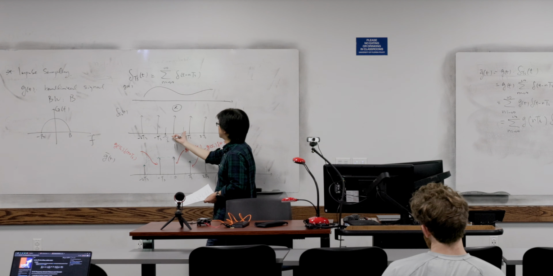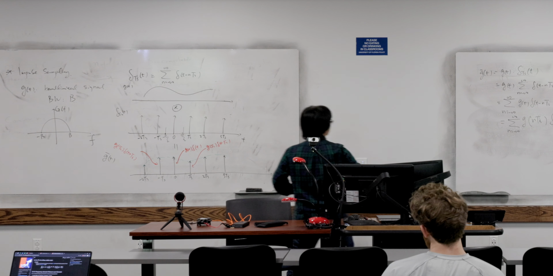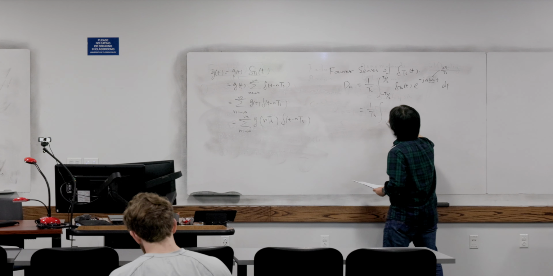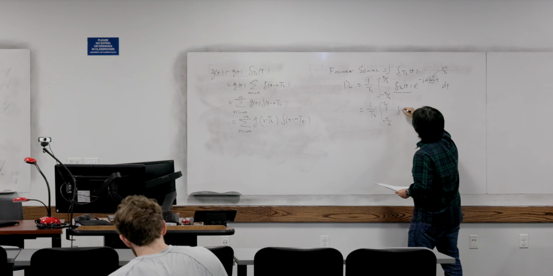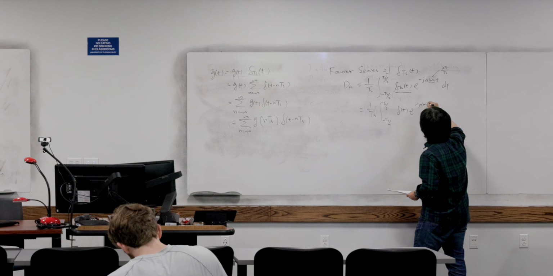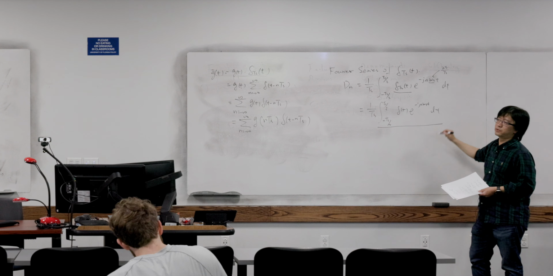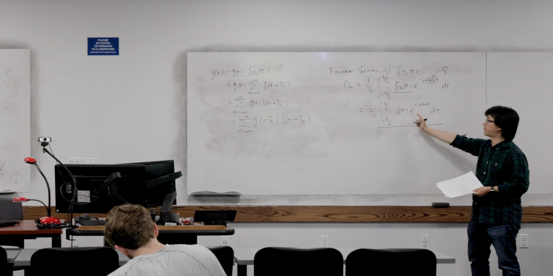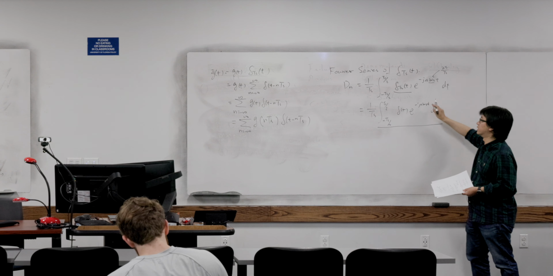Within this period, the impulse train becomes just a single delta signal, as we did before. So we have 1 over Ts, and the integral of a delta signal times e to the minus j n omega s t dt. When you see this, you should be pretty happy: we have a delta and a function, so we just put t equal to 0 and then do the integral.